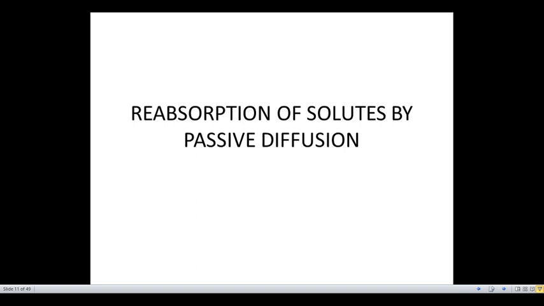Reabsorption of solutes by passive diffusion. When sodium is reabsorbed through the tubular epithelial cell, negative ions such as chloride are transported along with sodium because of electrical potentials.